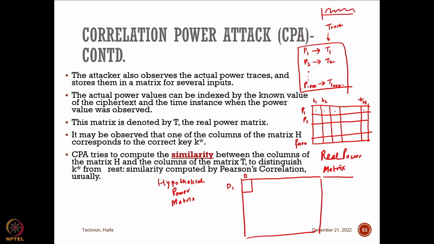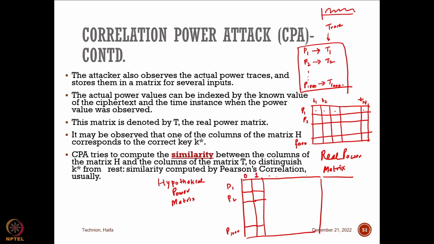Make sense? Now I do this for all the plaintexts, P2 till P1000, so I get this entire column. Then I repeat this process for my next hypothesis, which is 1, and I get the next column.